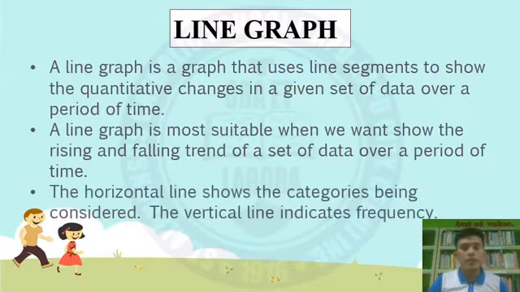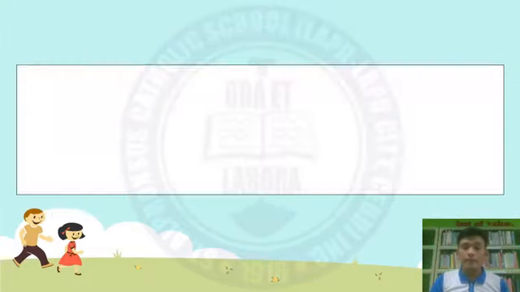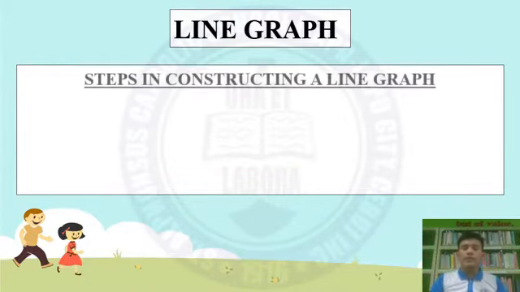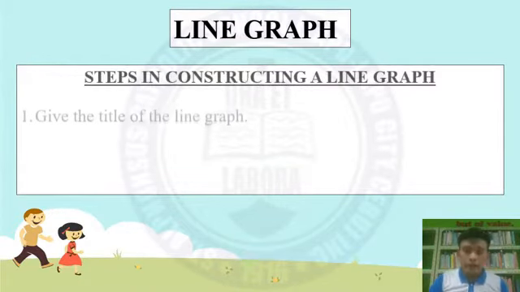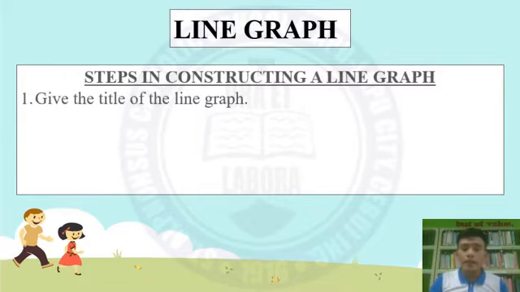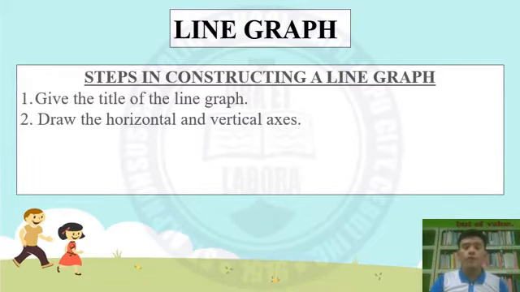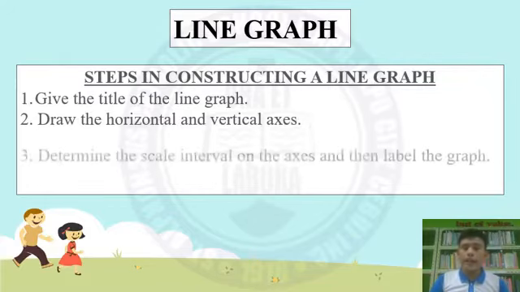The horizontal line shows the categories being considered. The vertical line indicates the frequency. Please take note of that. Steps in constructing a line graph. Step 1, give the title of the line graph. Step 2, draw the horizontal and vertical axis.